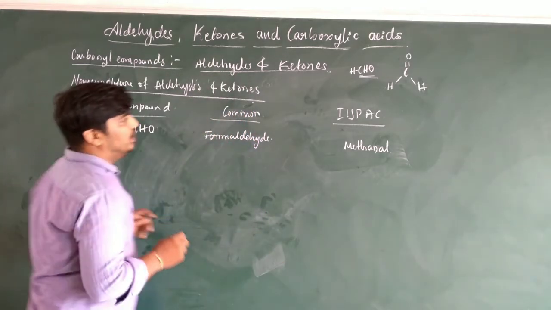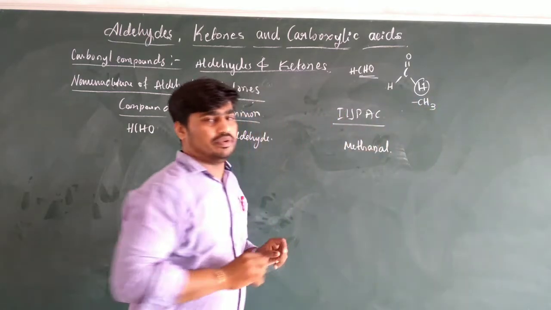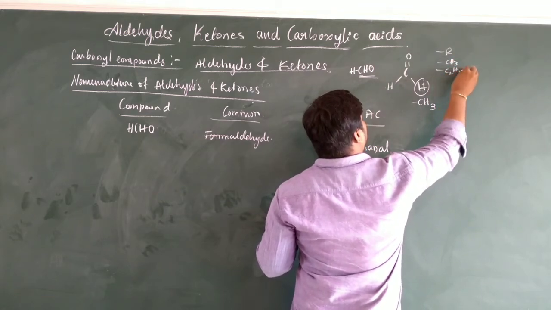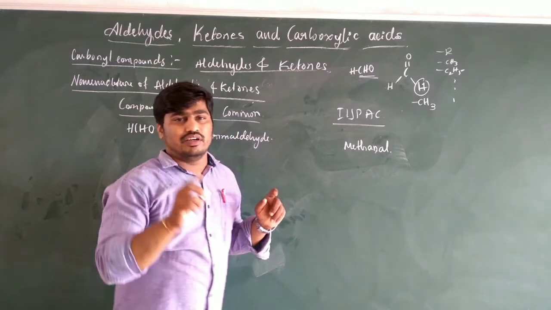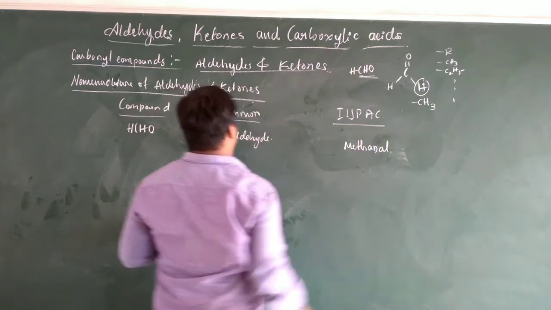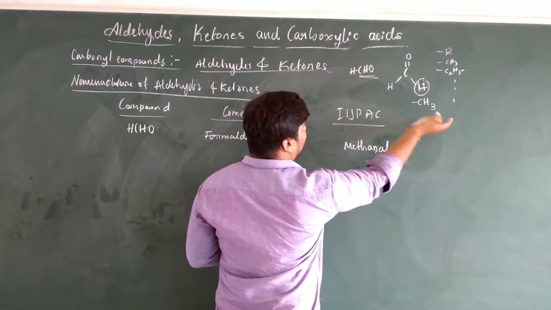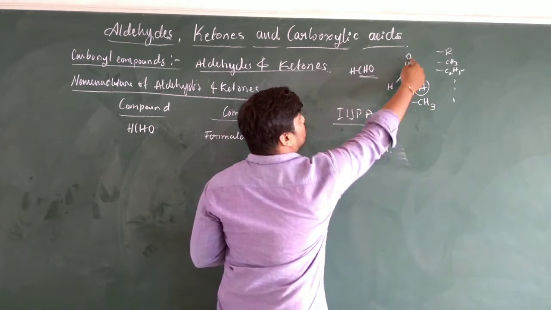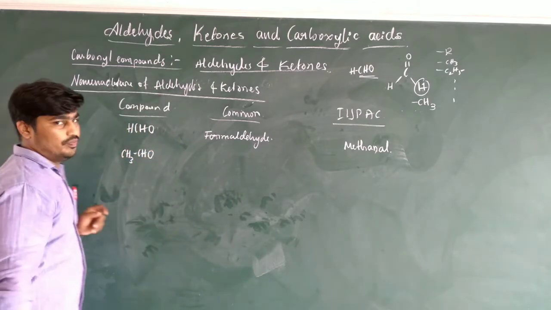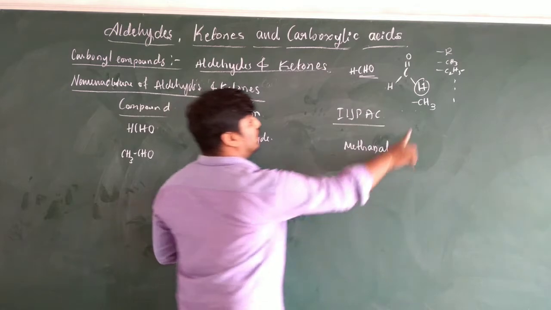Let us discuss the second example. Here hydrogen is replaced by the first alkyl group. The alkyl groups are CH3, C2H5 and so on, the homologues of alkanes. The first is CH3. If CH3 replaces hydrogen, then what is the name of the compound? CH3CHO. How many carbons? 1, 2.